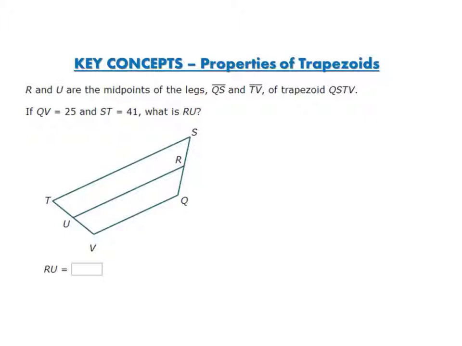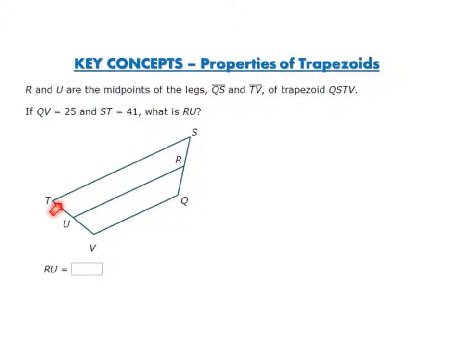Okay, here I have a trapezoid, and RU gives me my midsegment. And it's the midsegment of the legs QS and TV. So if QV, that's my base here, is 25, and ST is 41, what is RU?